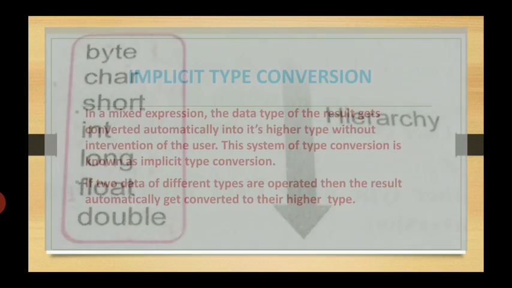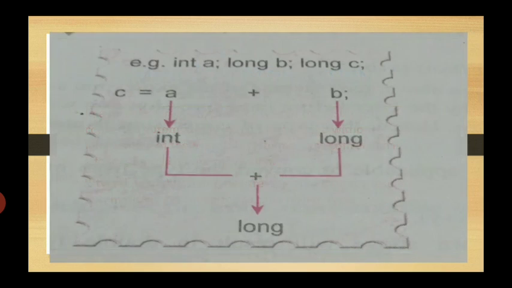See another example. Now one expression is there. I have declared three variables a, b, and c. One is of integer type, one is long, and one is also long type. The expression is c equals a plus b. So the answer will be stored in c. a is integer type, and b is long data type.